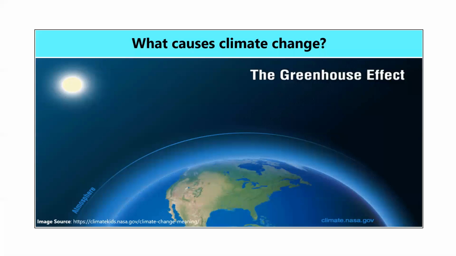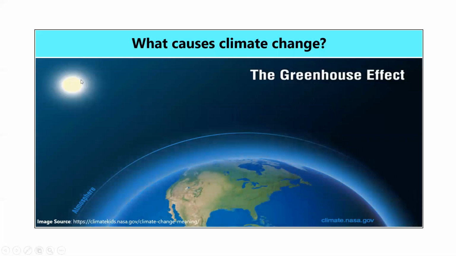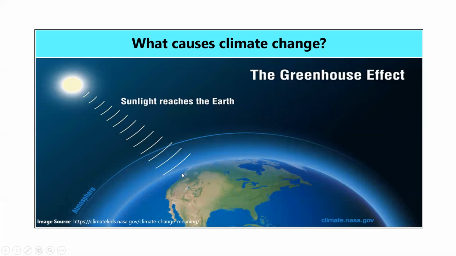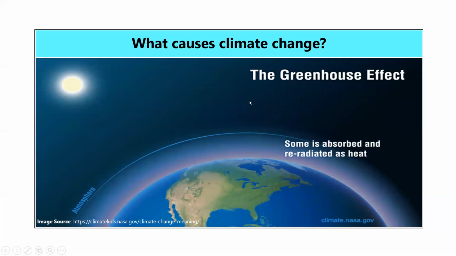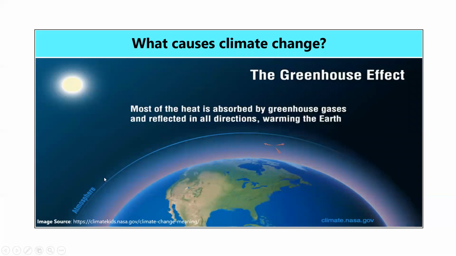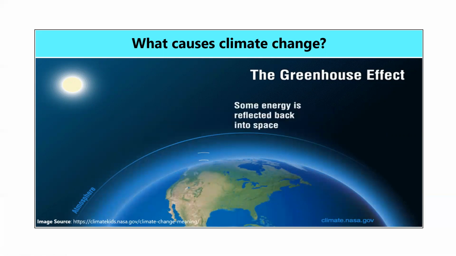So let's take a look at this GIF. What causes climate change then? When the sunlight reaches the earth, some energy should be reflected back into space. However, because of these greenhouse gases, the heat is trapped from being deflected back outside the atmosphere.